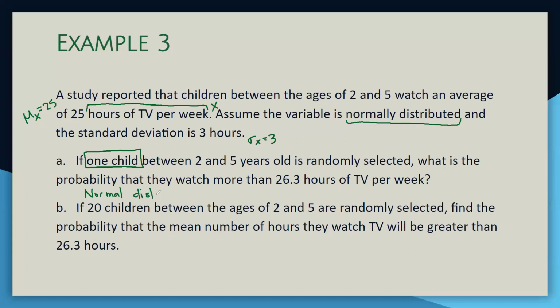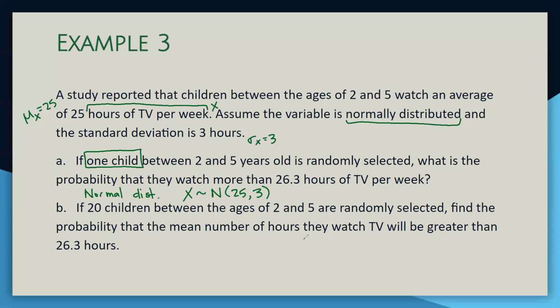Until we get to B, we haven't seen any mention of sample size. We're explicitly told that our variable is normally distributed, and the probability is specifically asking about an individual and not a group of kids. So we know that X is normally distributed with a mean of 25 and a standard deviation of 3.